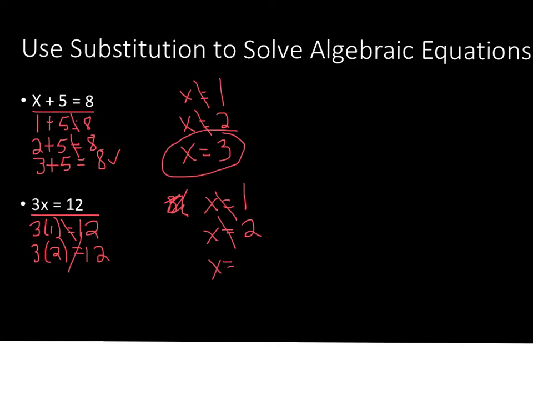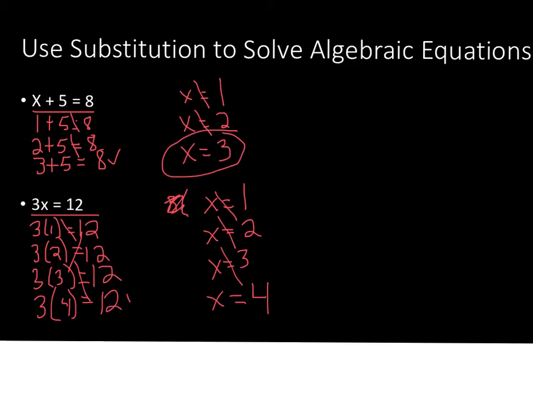So we'd substitute in 3 and say, well, 3 times 3 is equal to 12. But no, it isn't. 3 times 3 is 9. And so we'd substitute in 4 for x and say 3 times 4 is equal to 12, and that is true, so x is equal to 4, so our solution is 4.